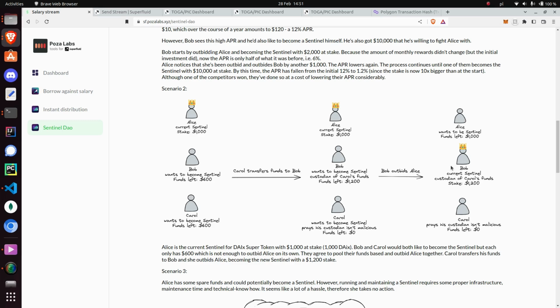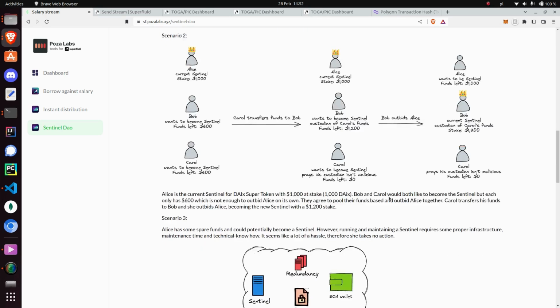Bob, while being the Sentinel, has to take care of not only his own money, but he's also responsible for Carol's money. And Carol also maybe feels a little uncomfortable knowing that Bob is in control of his funds and could maybe do some malicious actions. So also this situation isn't ideal for any of them.